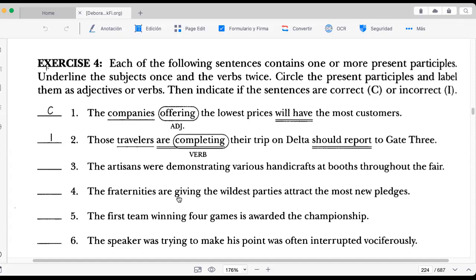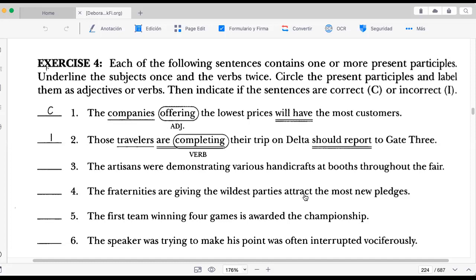Now we continue with the verb. Giving, very good. And we have attract, which will be another verb. Yes. And is this one correct or incorrect? I think it's correct.